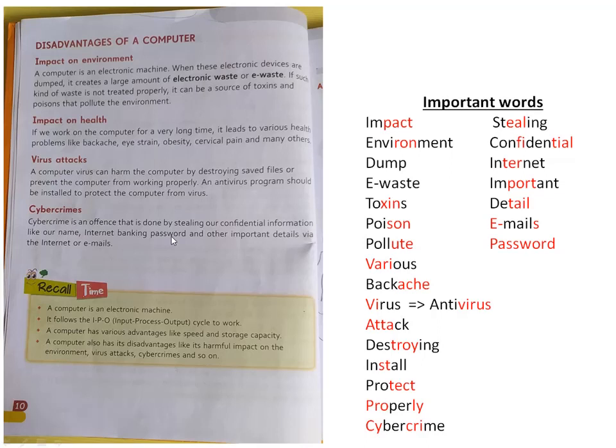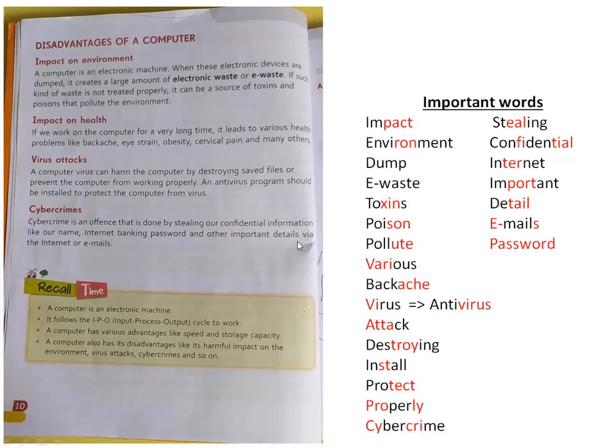Which only you know, right? The password owner will only know that secret word, and that word is used to get access. If you know this password, you can access your important things like internet banking, right?